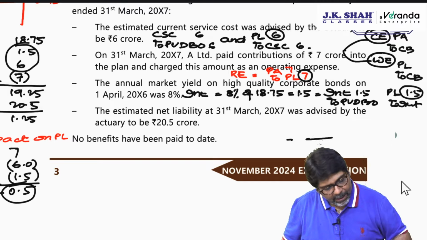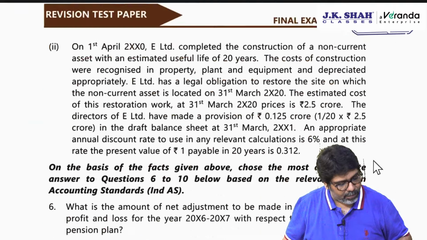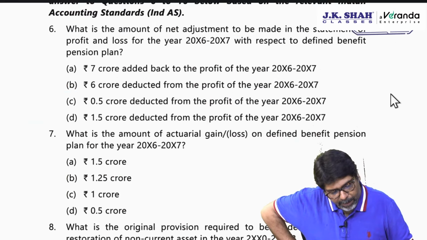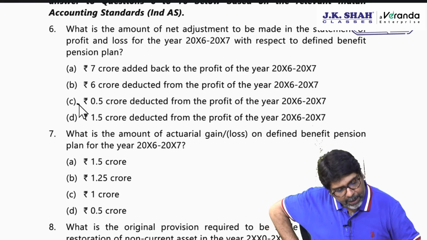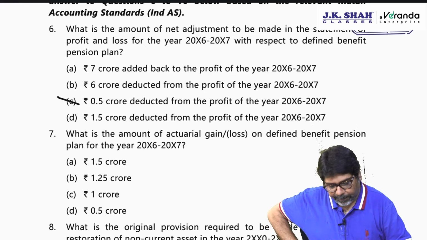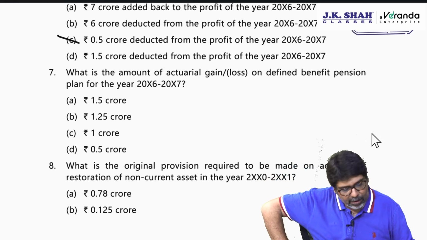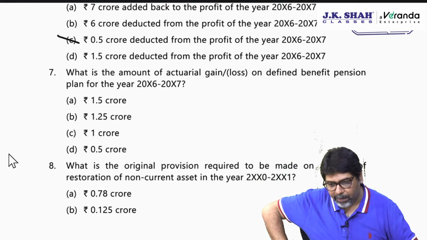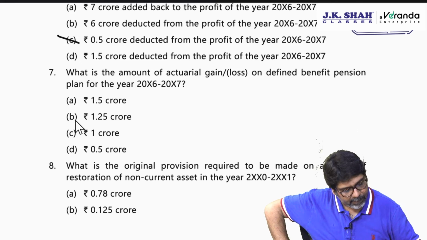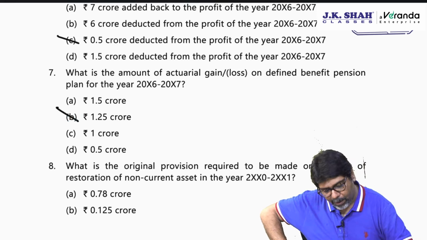Correct? Now, let's go. Question, case scenario 2. What is the net adjustment to be made in statement of P&L? Deducted expense. Correct? What is the amount of actual gain or loss? Actual gain or loss is 1.25. Correct?